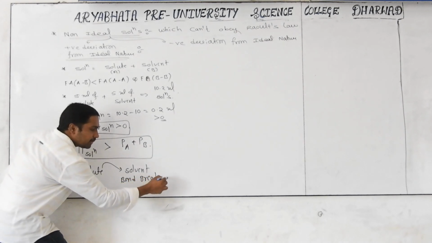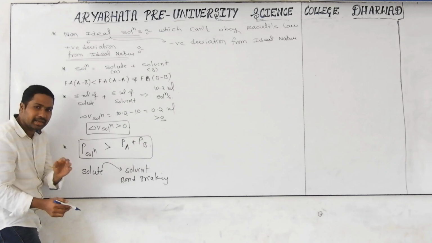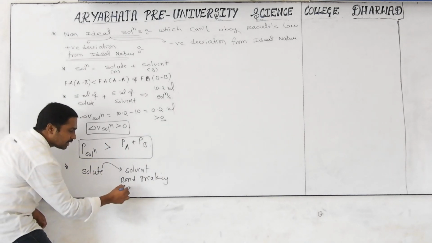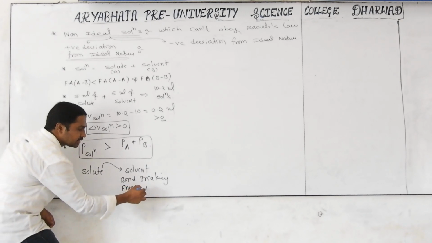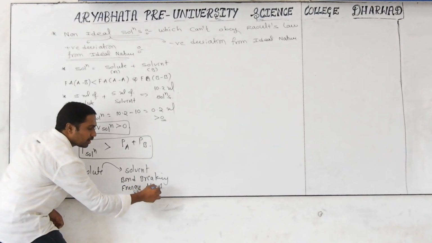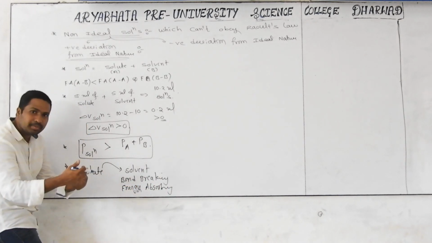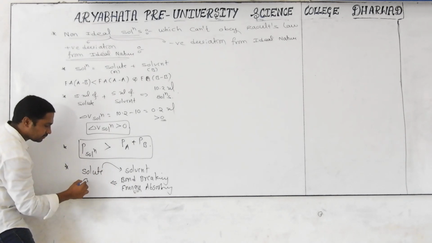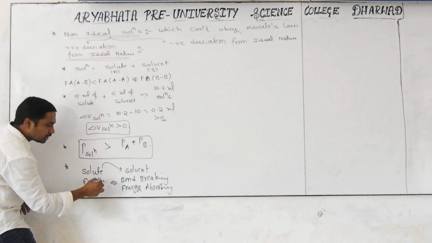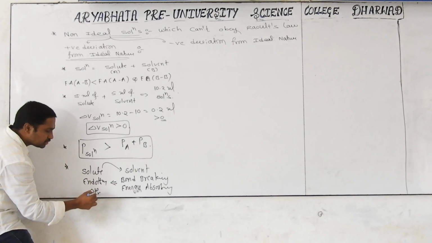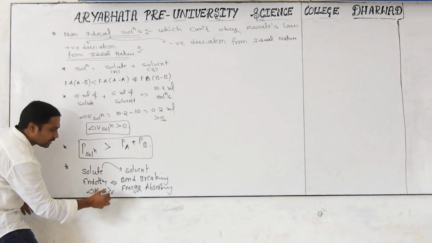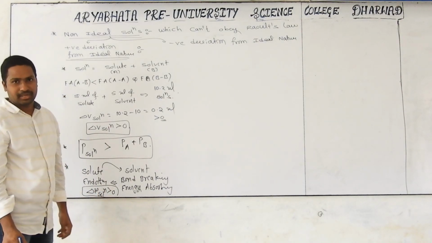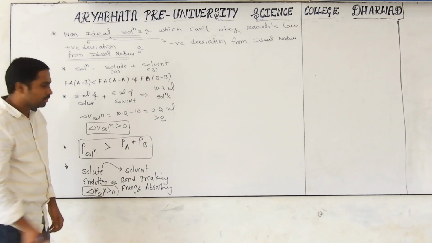Bonds breaking is a very simple phenomenon: energy is absorbed, or required. Energy-absorbing reactions are called endothermic reactions. Endothermic means the enthalpy change for the solution is greater than 0, positive values. For exothermic, negative values come. Are you all getting it?